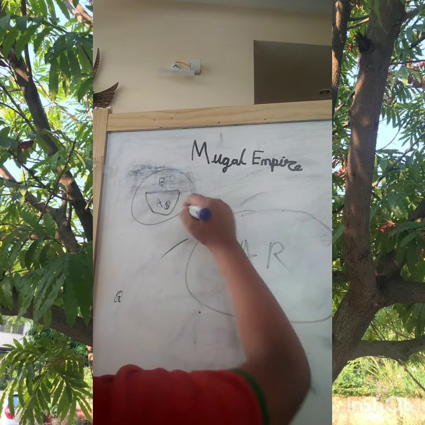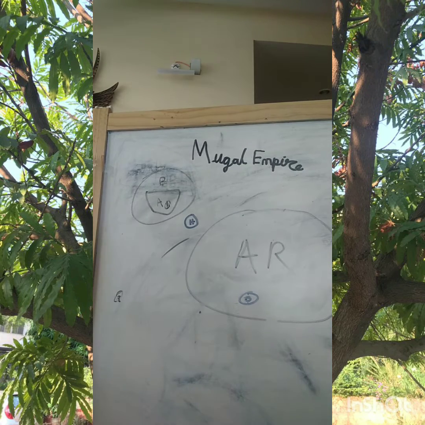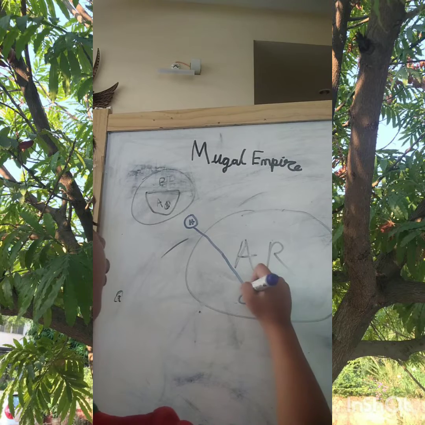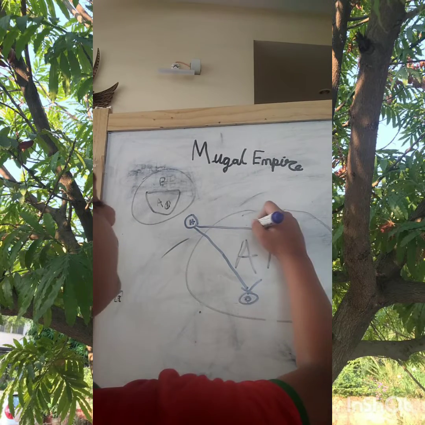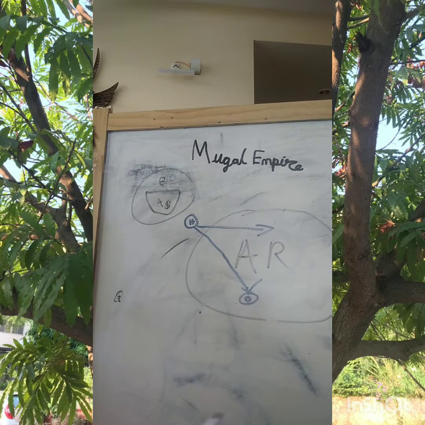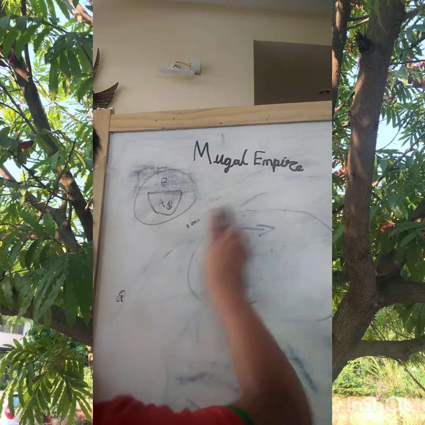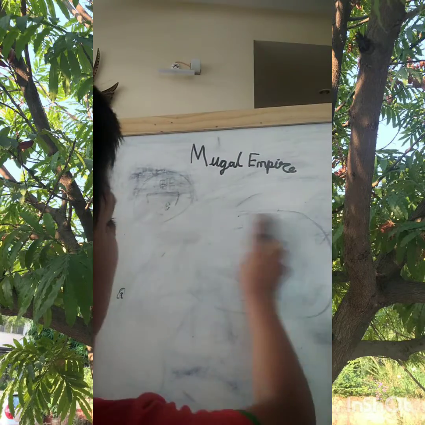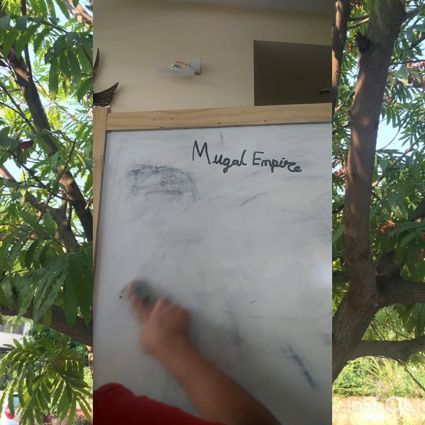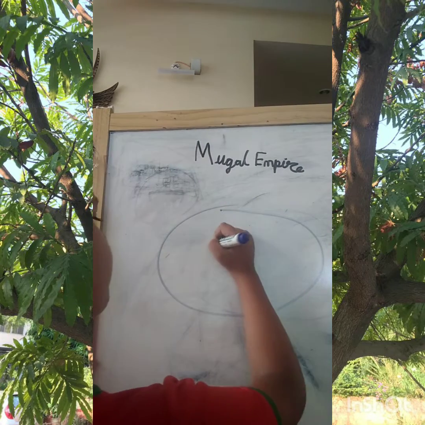So, Humayun, with the army, with the help of the Persian king, went to Agra and Delhi, and captured it, ending the Afghan rule and starting a new and elaborate Mughal rule. The other Mughal. This is the Mughal.